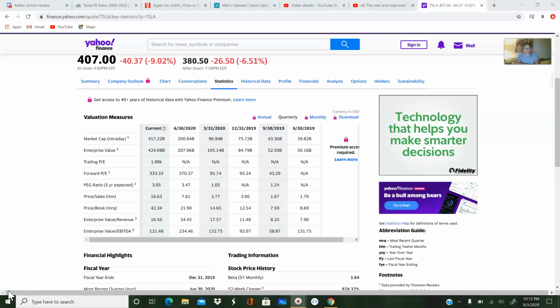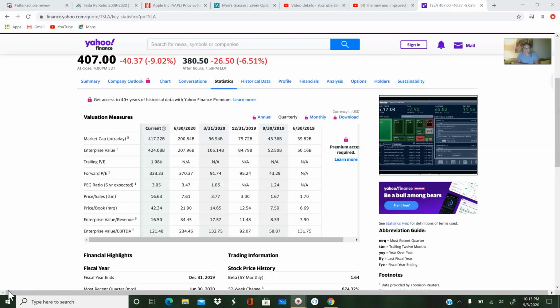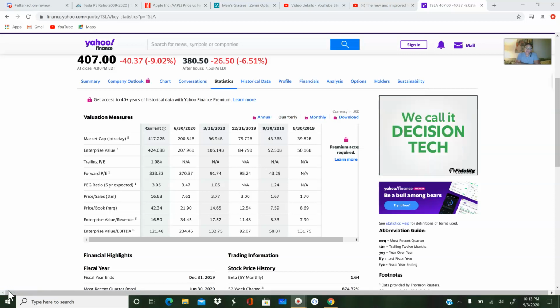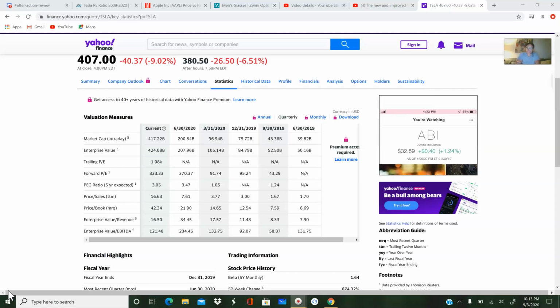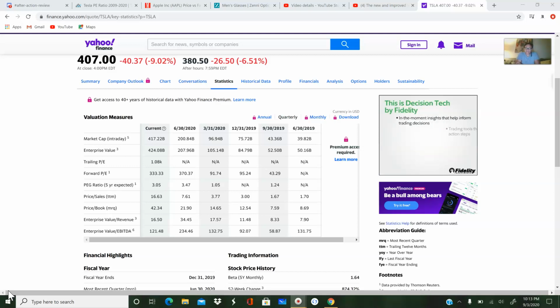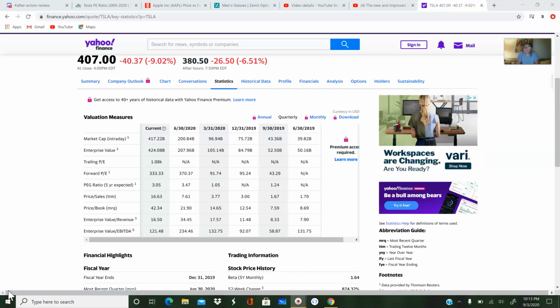But where I really want to get into PE ratio is, why is it that the markets are generally at an all-time high, continuing to climb higher, and you hear a lot of talk about PE ratios ballooning out of control.